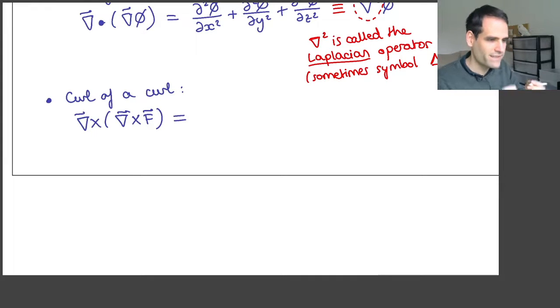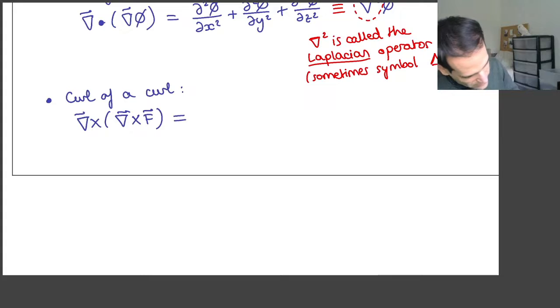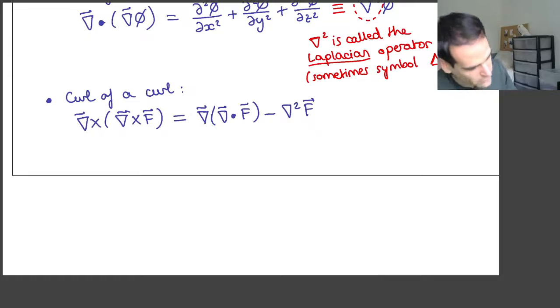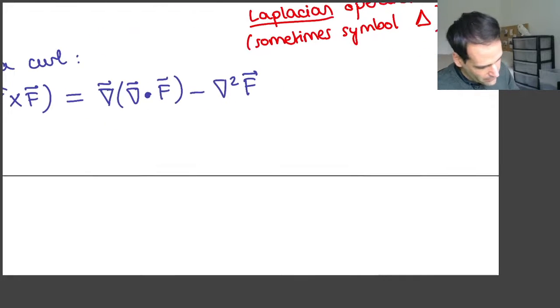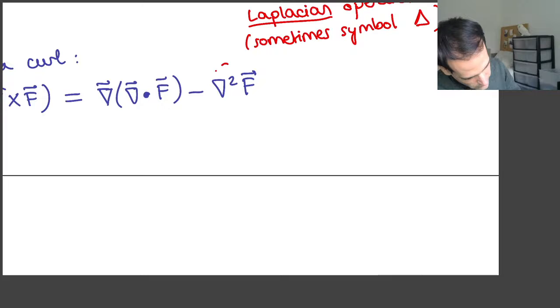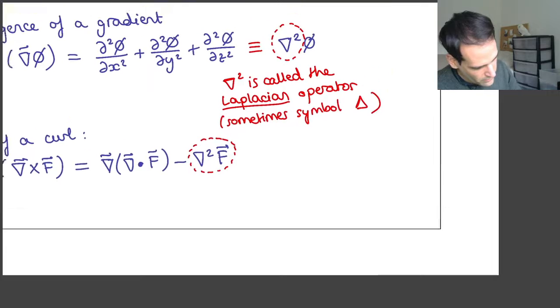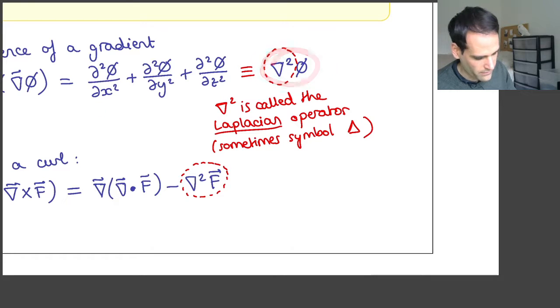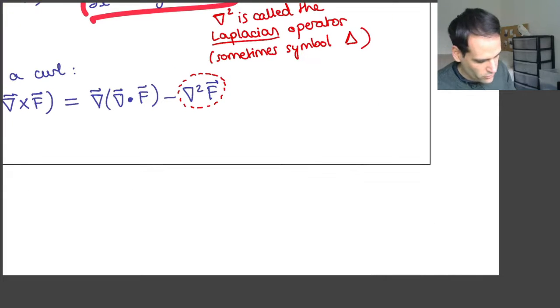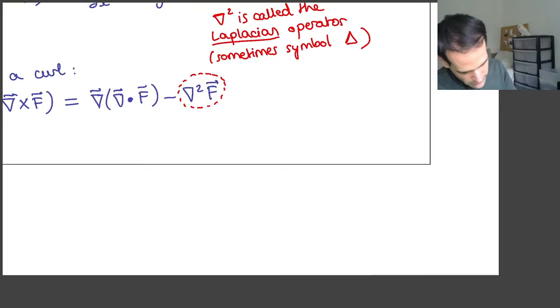And the answer is this relatively ugly monster, which is the gradient of the divergence minus the Laplacian of f vector. And this Laplacian of f vector is called the vector Laplacian, because remember, the Laplacian here is an operation that acts on a scalar and is given by this. But when you see the Laplacian acting on a vector, this is called the vector Laplacian.